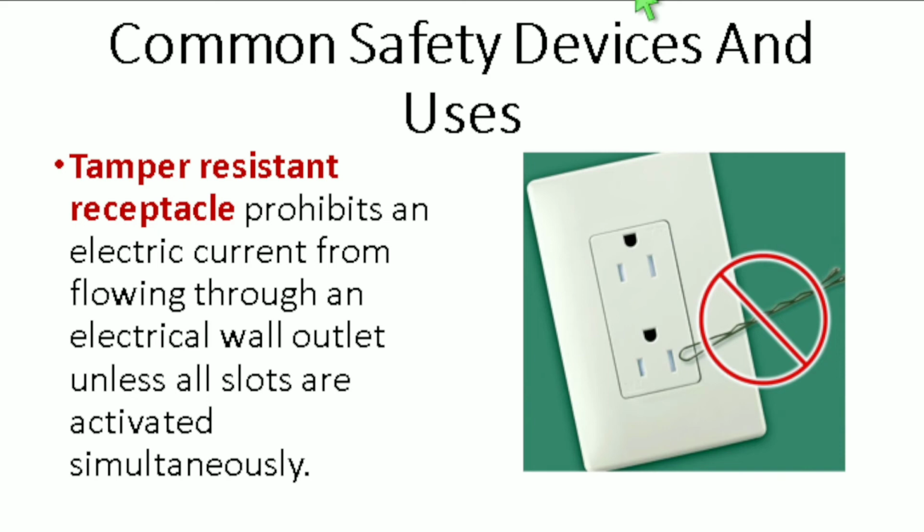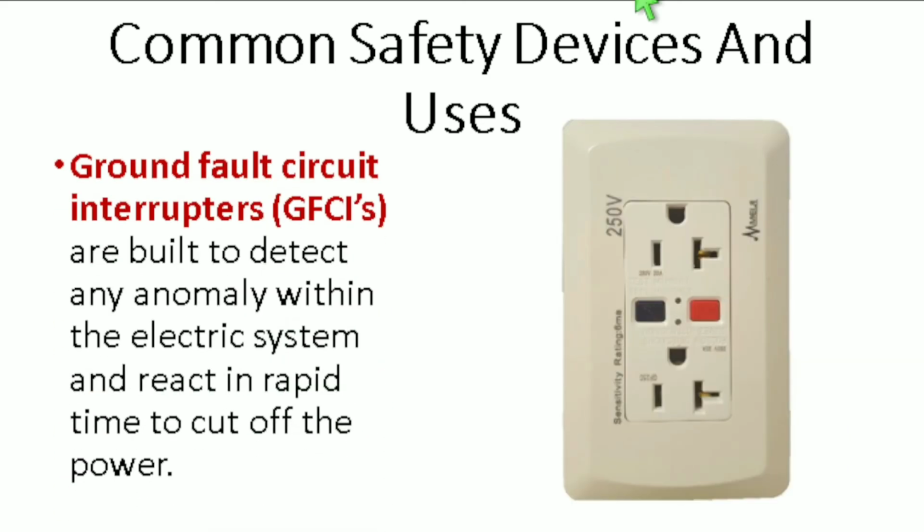Next are the ground fault circuit interrupters, or the GFCIs. These are built to detect any anomaly within the electric system and react in rapid time to cut off the power. A GFCI does not need to be replaced after every electric fault. It is commonly placed near water or wires in possible contact with water, like in the bathroom, kitchen, or outside the house.